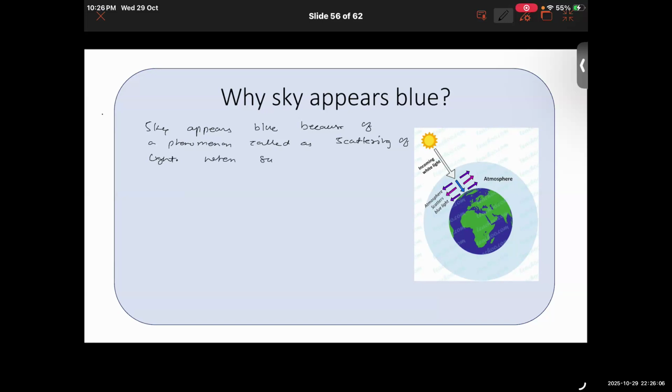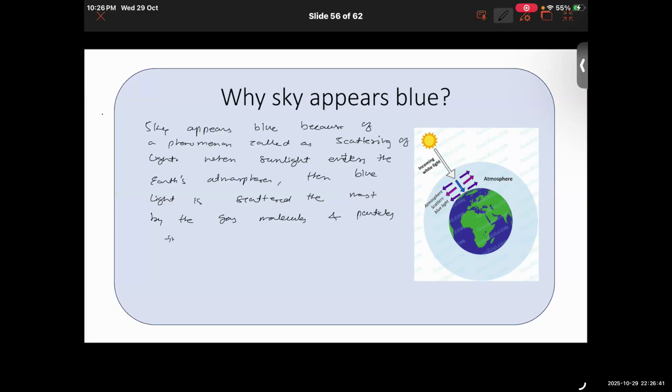So when sunlight enters the Earth's atmosphere, then blue light is scattered the most by the gas molecules and particles, because it has a shorter wavelength.